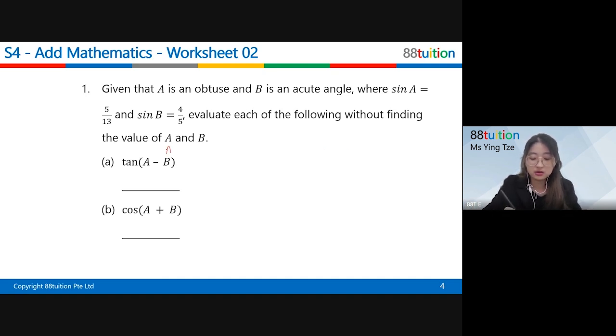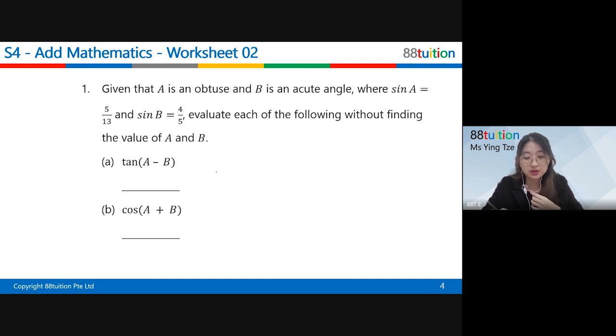Means that you shouldn't find A equals to what, B equals to what. You shouldn't need to know what these values are.